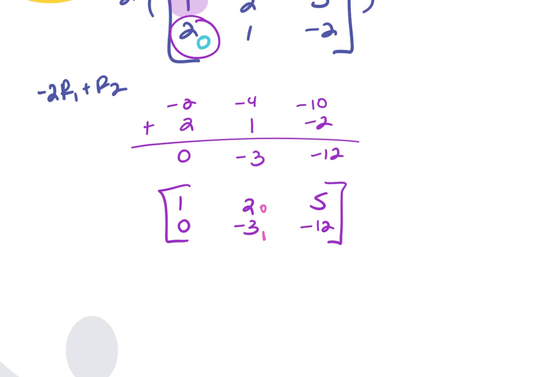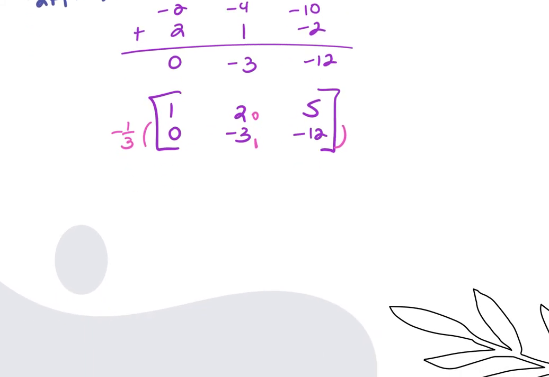The other thing I can do is make a 1 in that spot. So the way we get a 1 in a row after we have the 0 is to multiply by the reciprocal. So what's the reciprocal of -3? -1/3, right? So I multiply by -1/3. My top row stays the same, 1, 2, 5. Bottom row becomes 0, 1, 4.